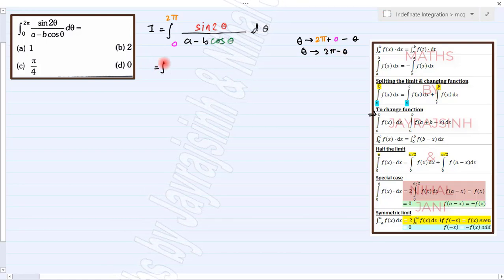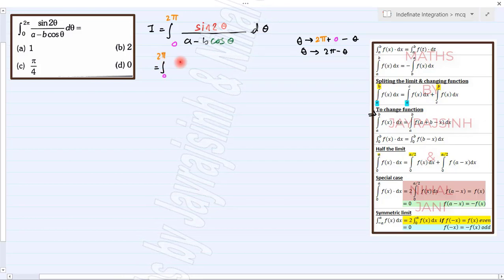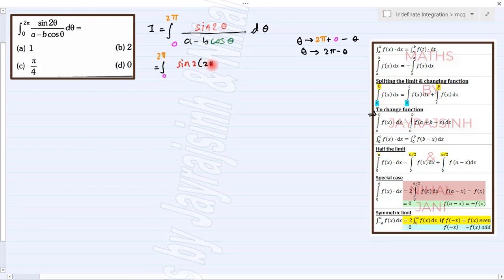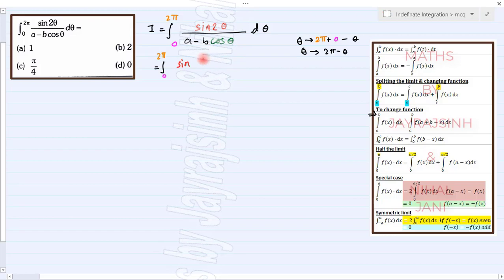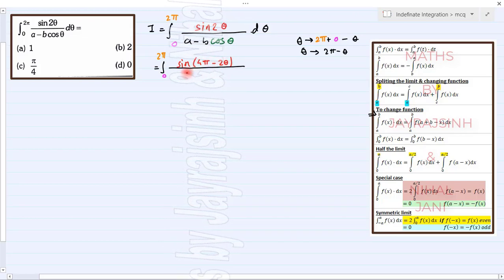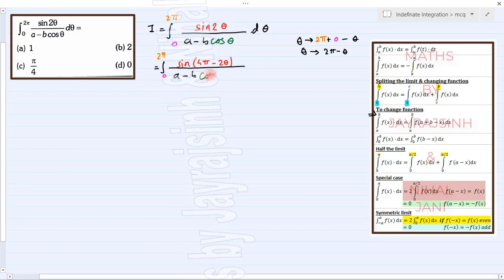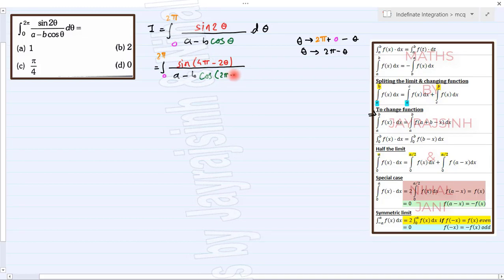So your integration and limit will be as it is. In the numerator, we will get sine 2 times 2 pi minus theta, or we can say we will get sine of 4 pi minus 2 theta. And in the denominator, we have a minus b cos of 2 pi minus theta, right?